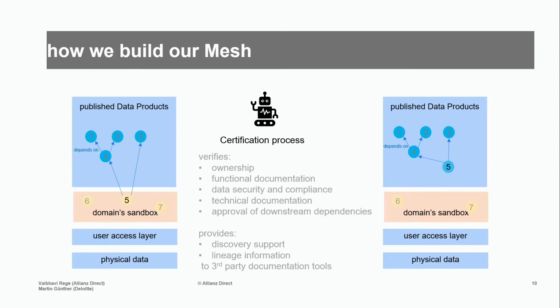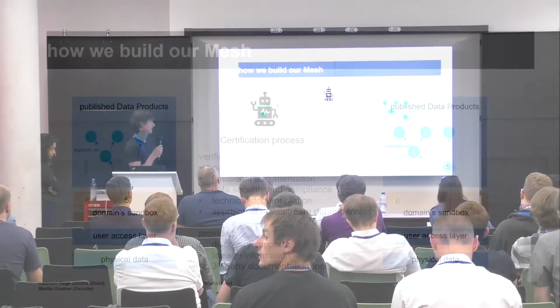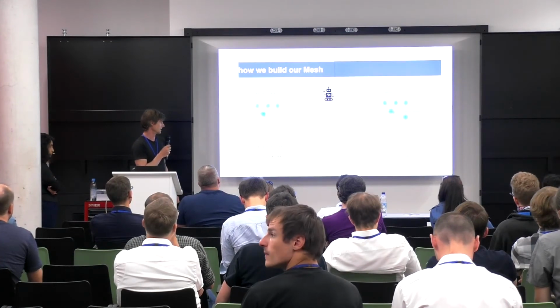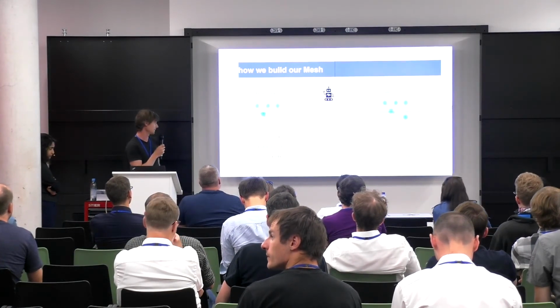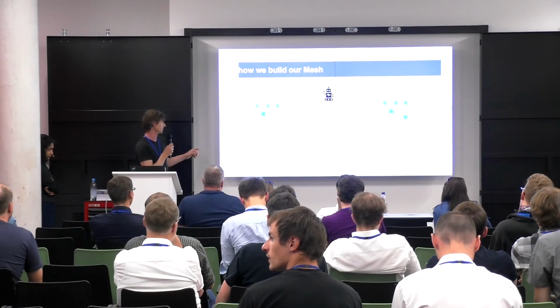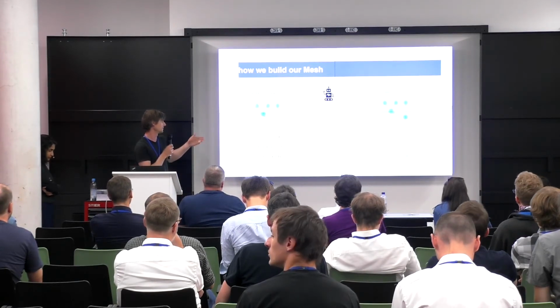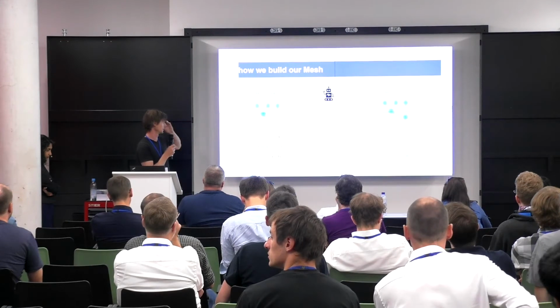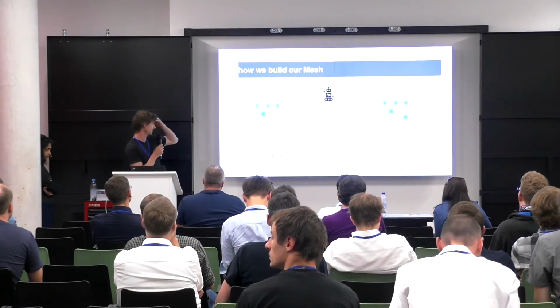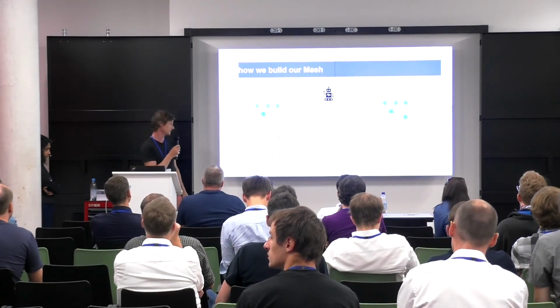Domain data modelers can access the physical data via a user access layer which takes care of authentication and authorization. Whenever a new data product is built, they can refer to the data products that are already published by other domains or by themselves.